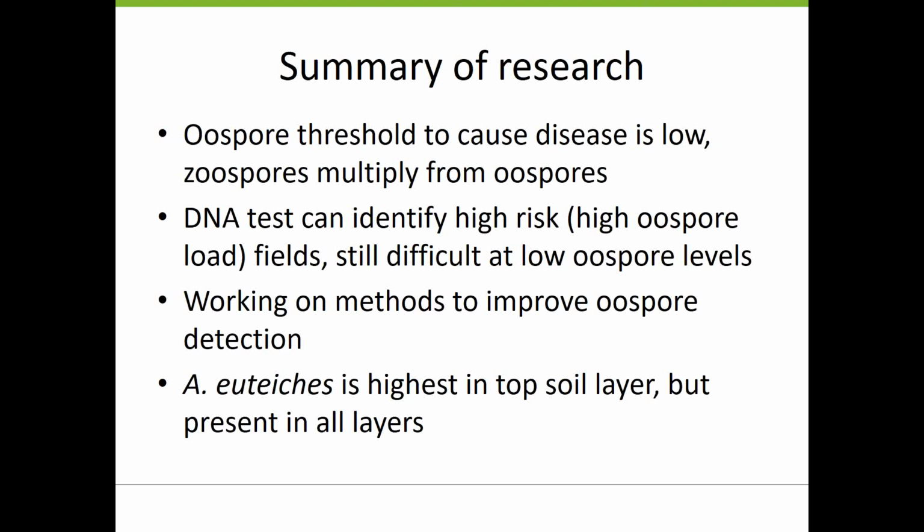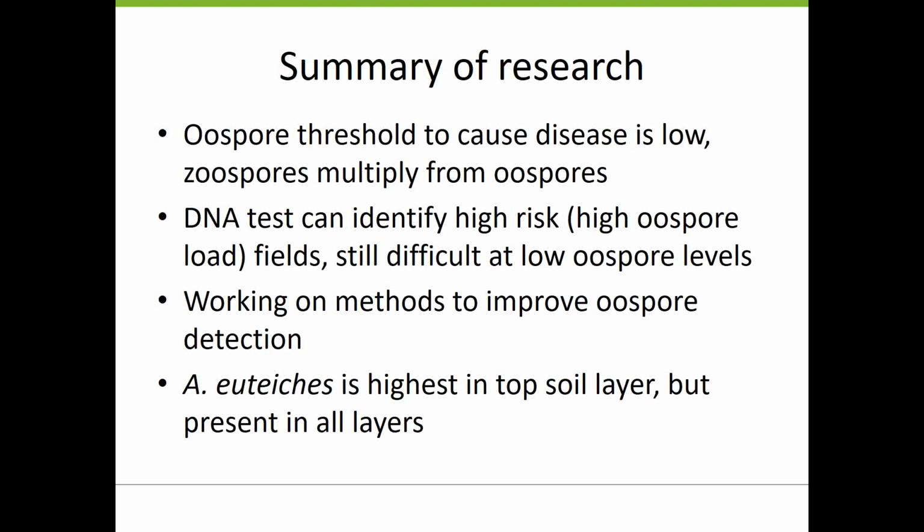And that's because we're basically looking for 50 cells or less in a gram of soil, which really isn't a high amount. We are working on methods to try and improve oospore detection that maybe involve starting with a larger amount of soil, trying to remove or filter out those oospores, and then applying a DNA extraction step to the oospores rather than the soil.